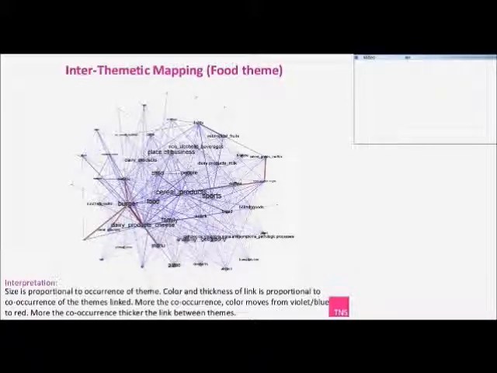This is more of an inter-thematic analysis. What you were seeing were themes. Now it's inter-theme: how are the themes interacting with each other? Often people talk about certain aspects together. Burger is spoken of in conjunction with cheese a lot of times, and a large number of people consider burger and cheese together.